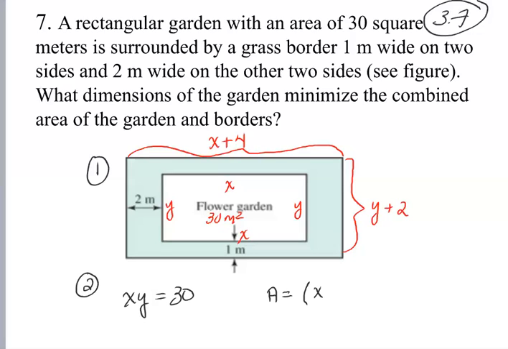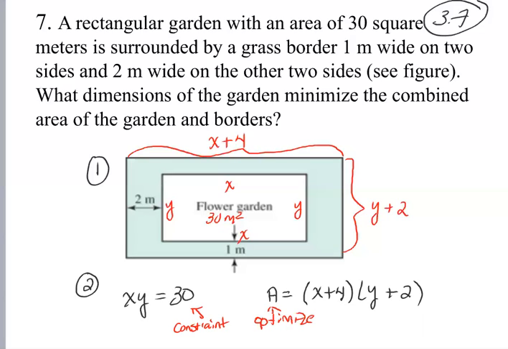It is X plus 4, we already said that, times width, which is Y plus 2. So this is what I want to optimize. And this is my constraint equation. So I have 2 equations. I can work with those.